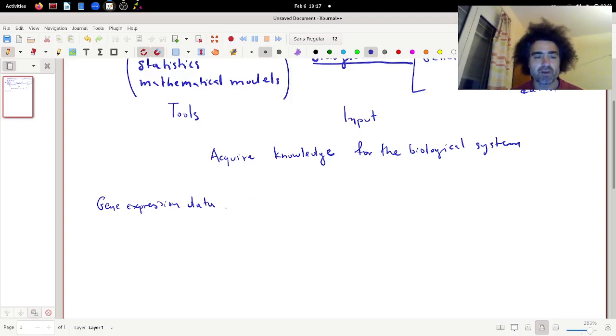So for example, we use data that describe the expression levels of each gene. This is this one.